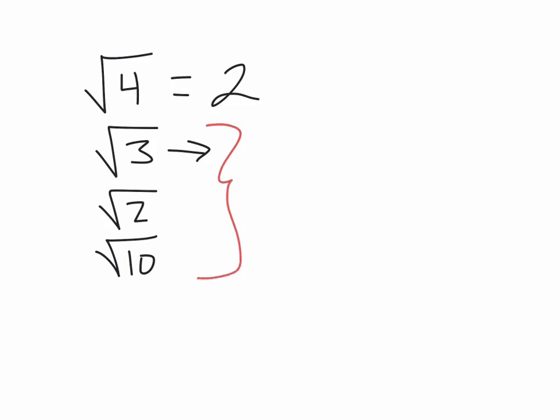As a result of not having a whole number solution, they are called surds. They would end in a repeating or non-repeating decimal. They will go on to infinity, so their answer will continue on forever. You can't represent it in a fraction. It just would be a non-repeating decimal all the way to infinity, just going and going.